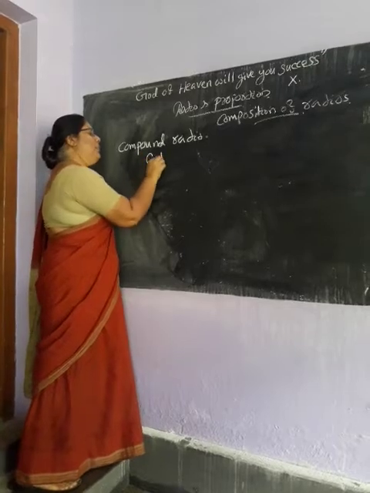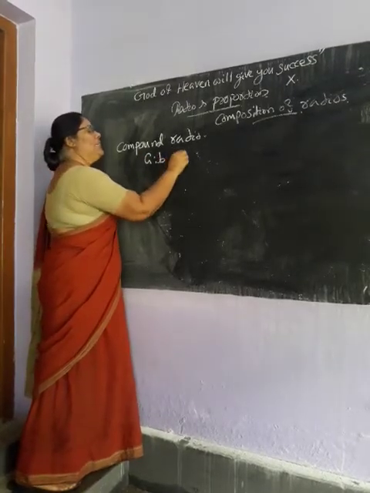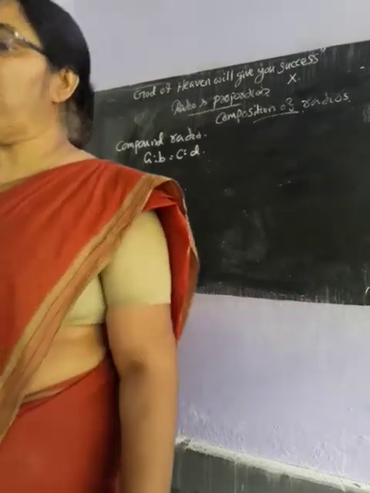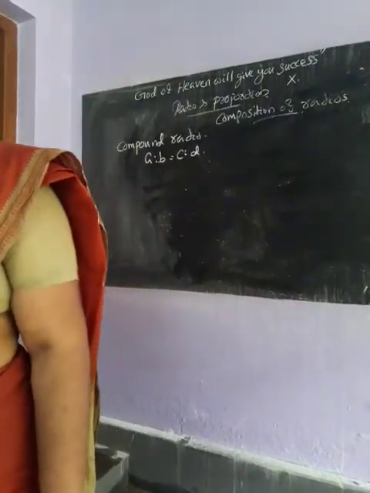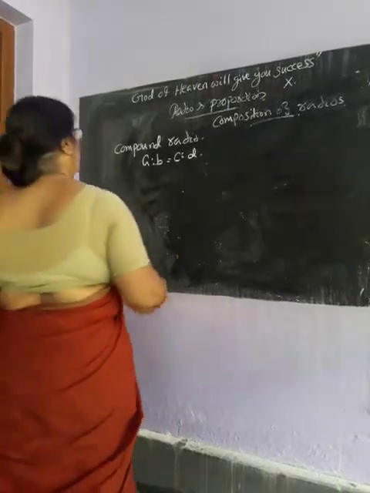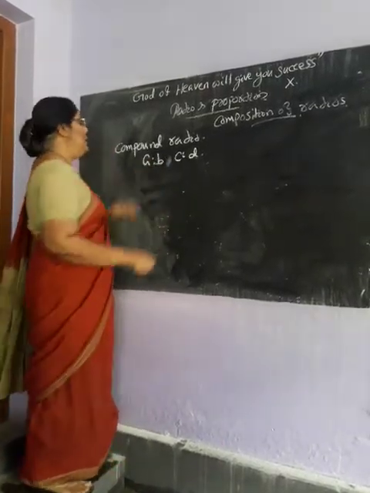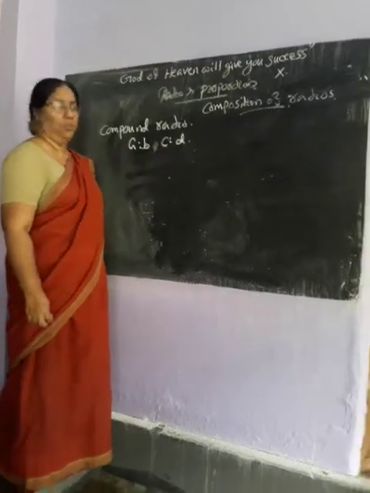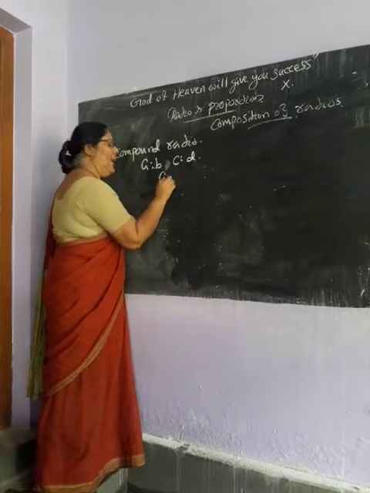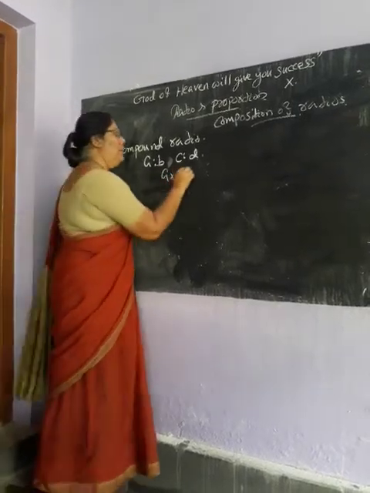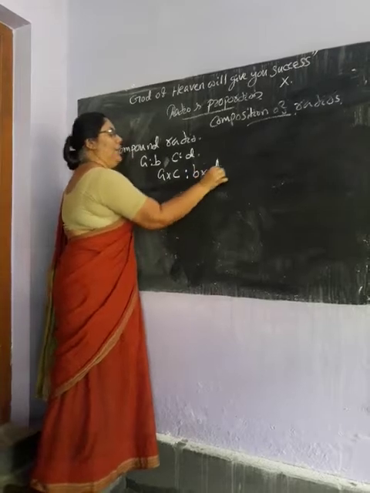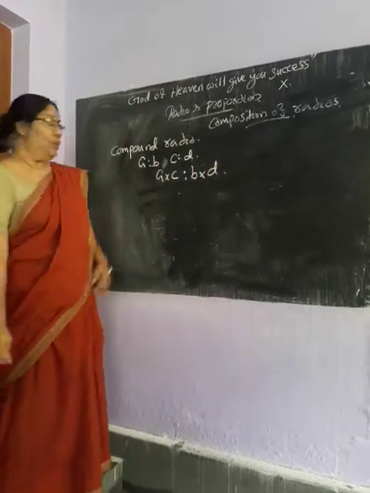If A is to B equal to C is to D, or A is to B and C is to D are any two ratios, then compound ratio means A into C, B into D. What is compound ratio?